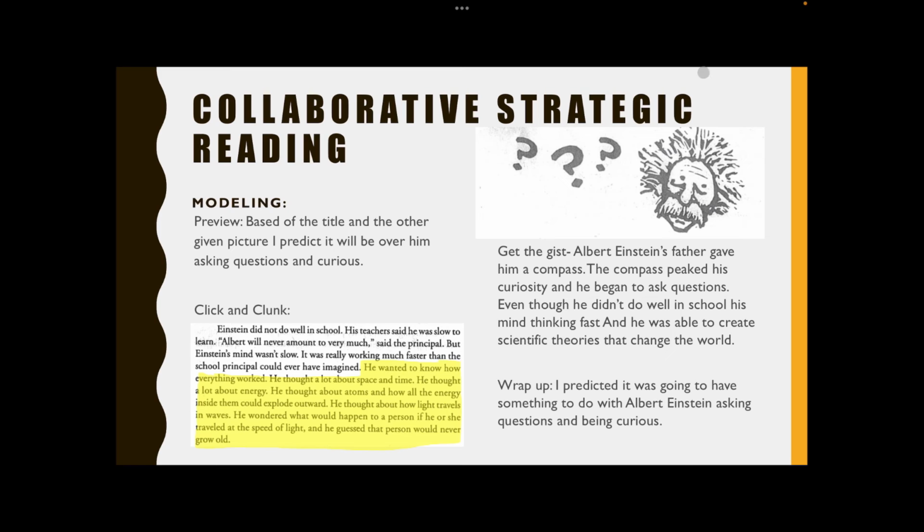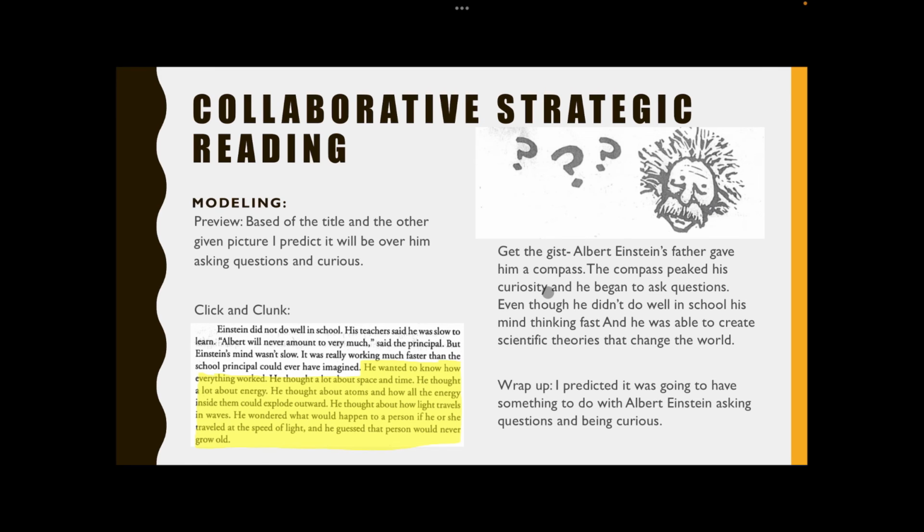All right, so after we do that and we get the gist of it, we're going to do our wrap up. My wrap up states that I predicted it was going to have to do with Albert Einstein asking questions and being curious.